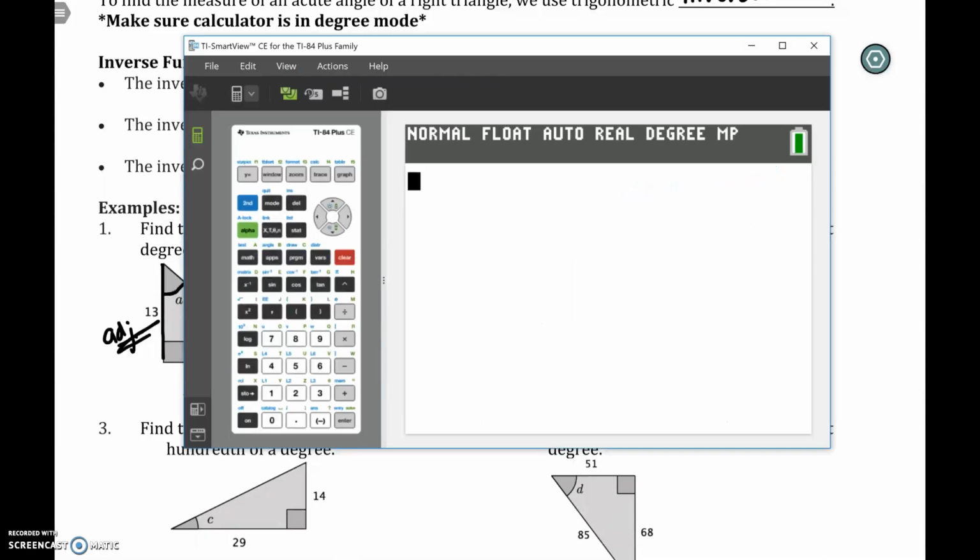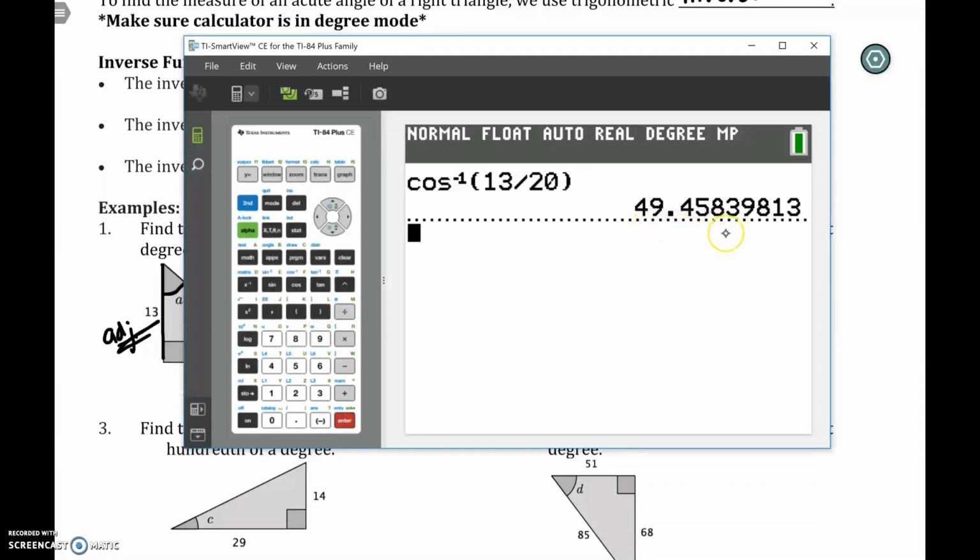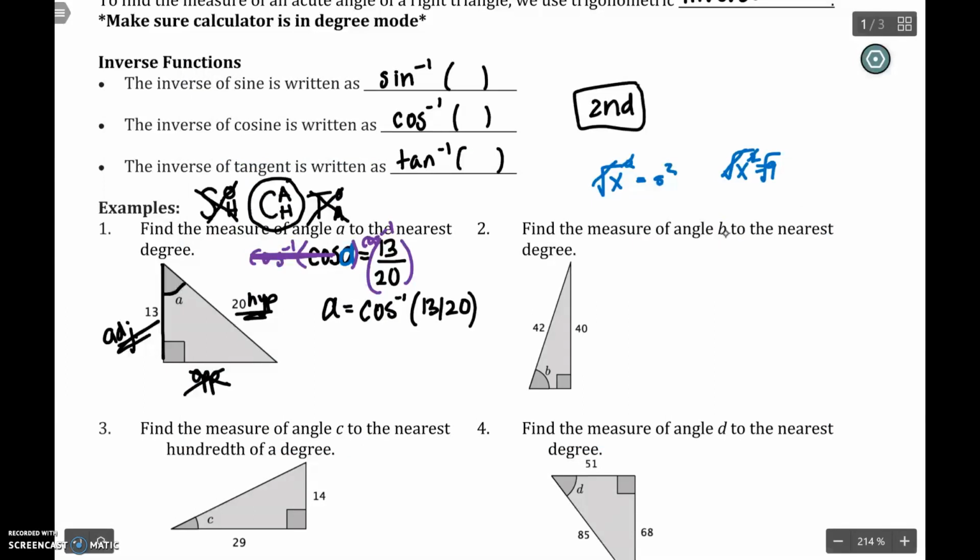In the calculator now, we would hit second cosine, and a cosine -1 would come up, and then we would put 13 divided by 20 into the parentheses and hit enter. And we have 49.458, etc. This says to the nearest degree. So our angle A is approximately 49 degrees.